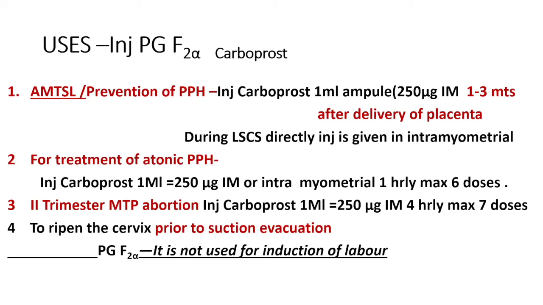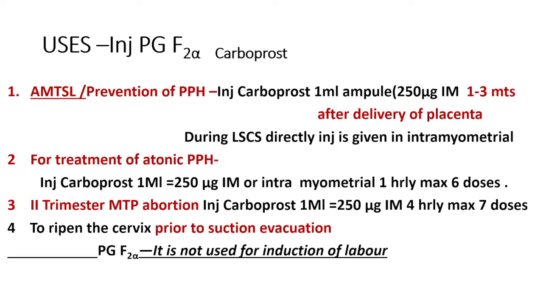For treatment of atonic PPH, injection carboprost is given. The dose is same, 250 microgram intramuscular or intramyometrial, but can be repeated after half an hour or 1 hourly. Maximum 6 doses can be given.